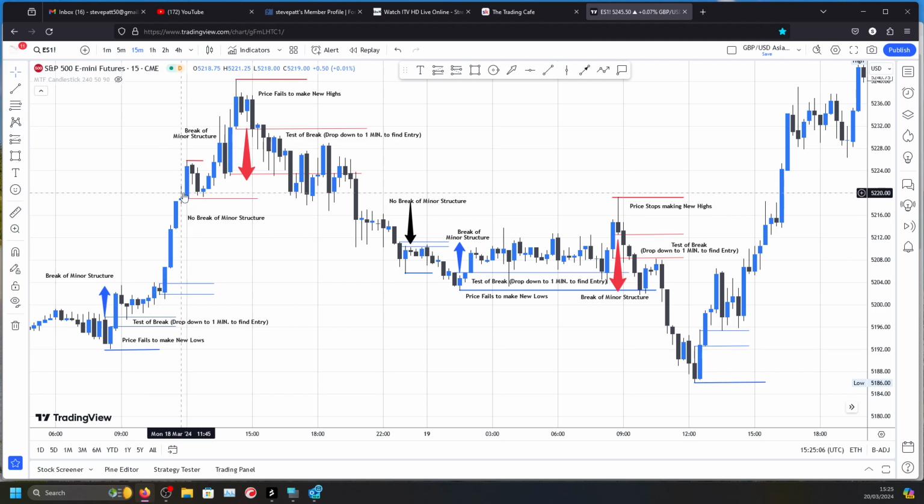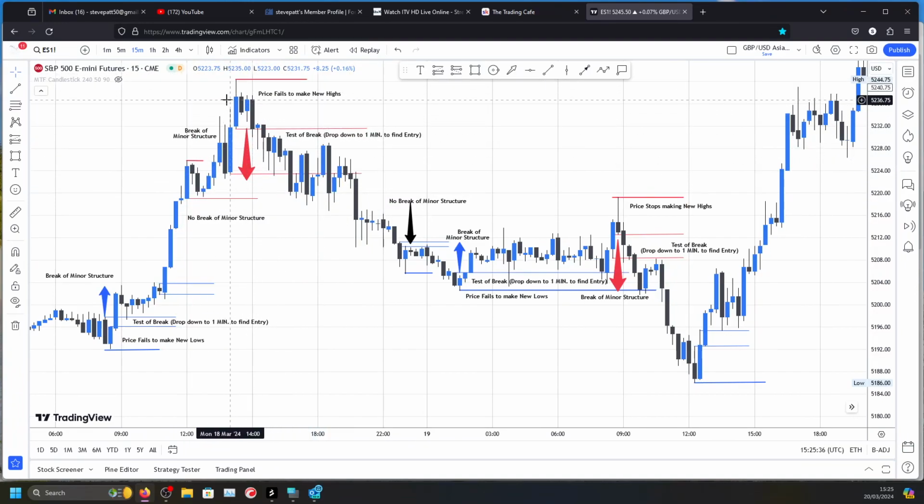See, here we only get a break of the previous candle's bullish, and it's just a minor break, but it's a break of minor structure here. You see, if price had broken below this candle and below this candle and then came back and tested this area, I would be looking to go short.